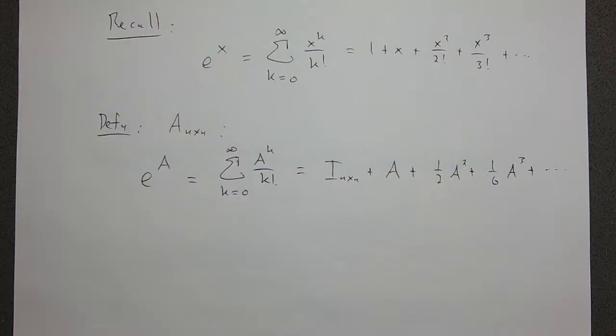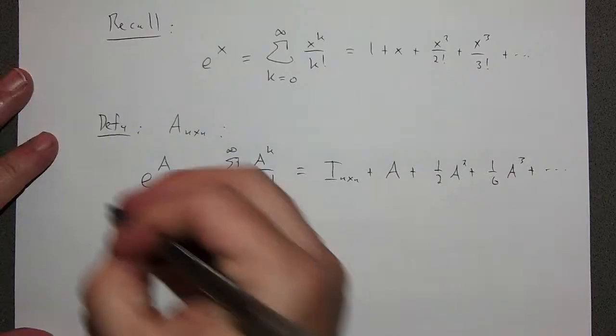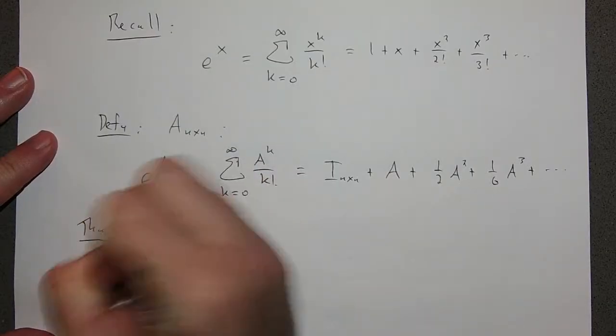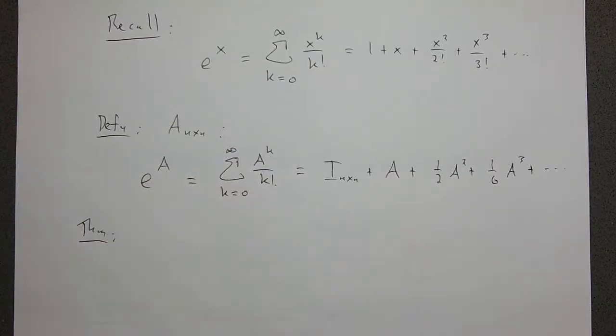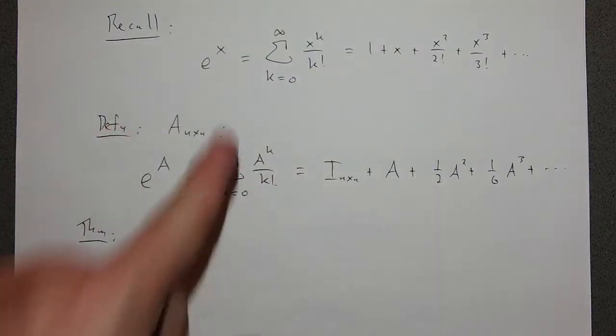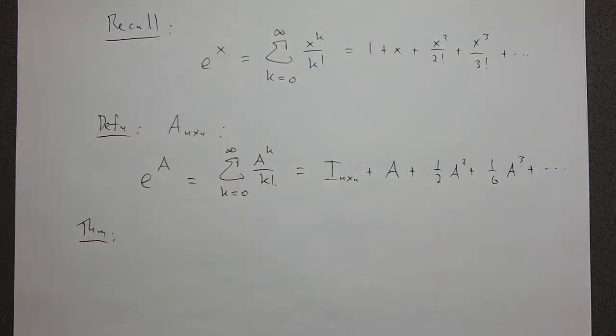Does this work? A theorem immediately pops out of this, because using an infinite series like this to define this matrix thing, you might have a question about convergence. For e to the x there was no question at all, because it's one of the first power series you ever proved convergence for, and computed the radius of convergence to be infinite.